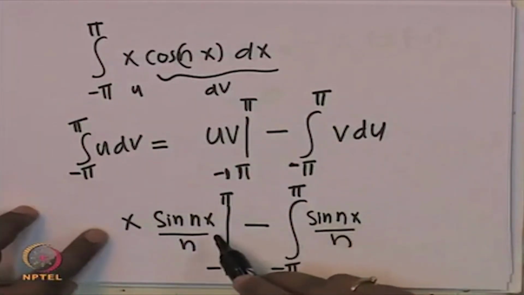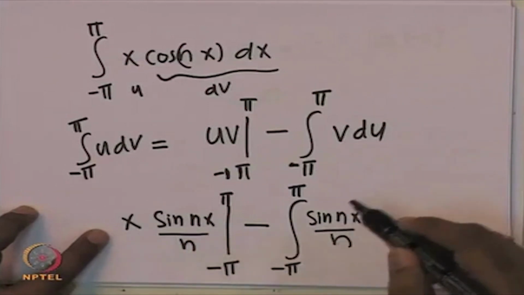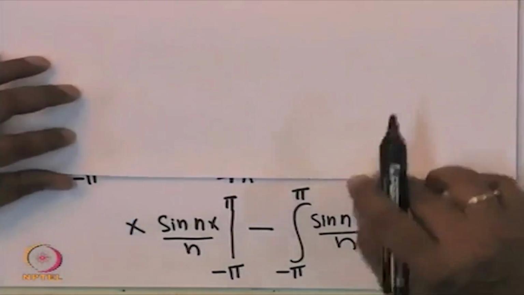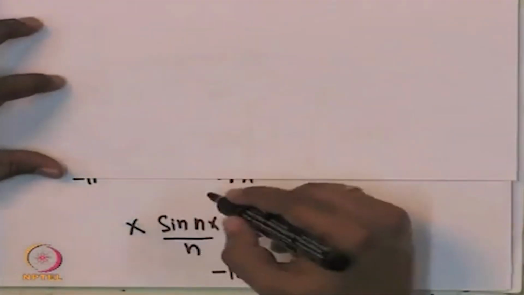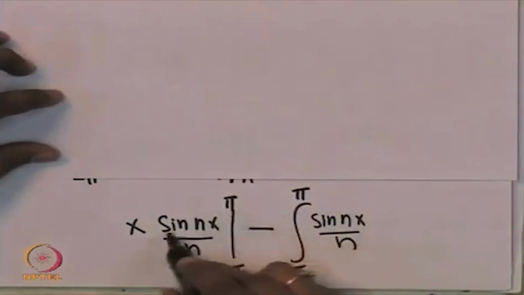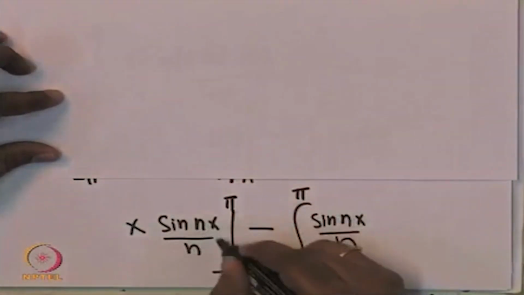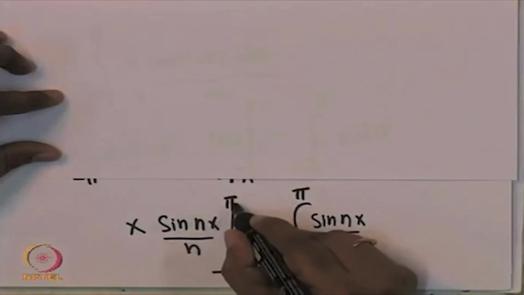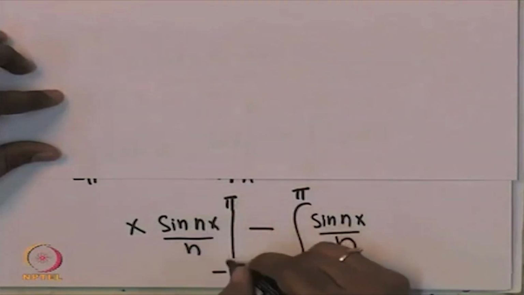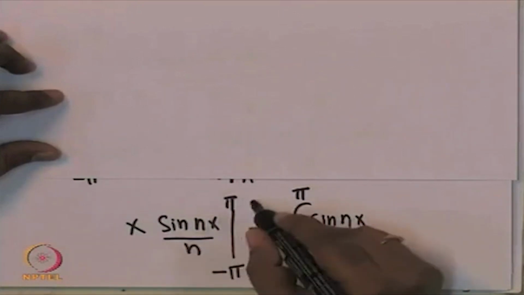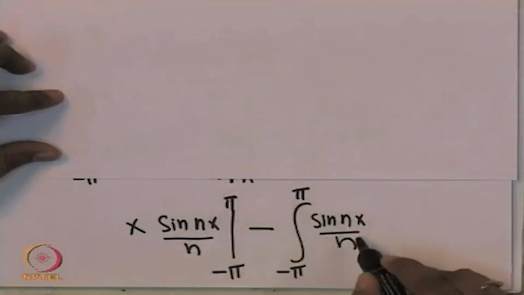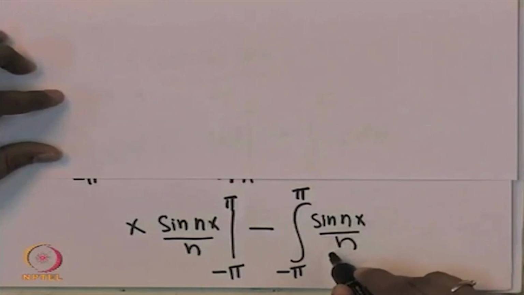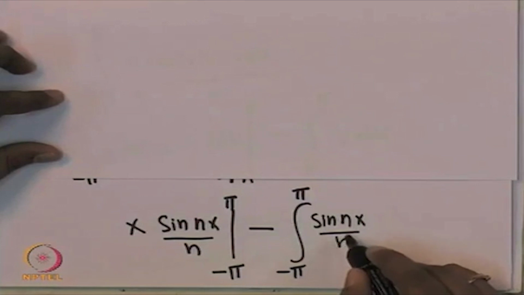Now, if you apply the limits here, the first term has sin n pi, which is anyway 0. So, this term goes to 0, because if you substitute pi and minus pi for x, you get 0. Here, you just have the integral of sin n x by n to do.